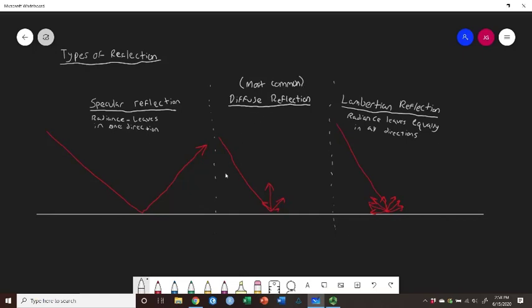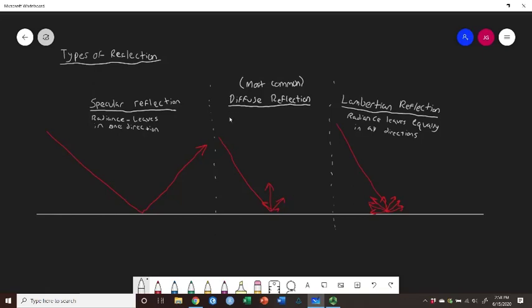In diffuse reflection, you can see we have some going up, some going this way, some going that way. But assuming that these arrows are magnitude, as opposed to Lambertian, where they're all more or less the same length, in diffuse it's really almost random.